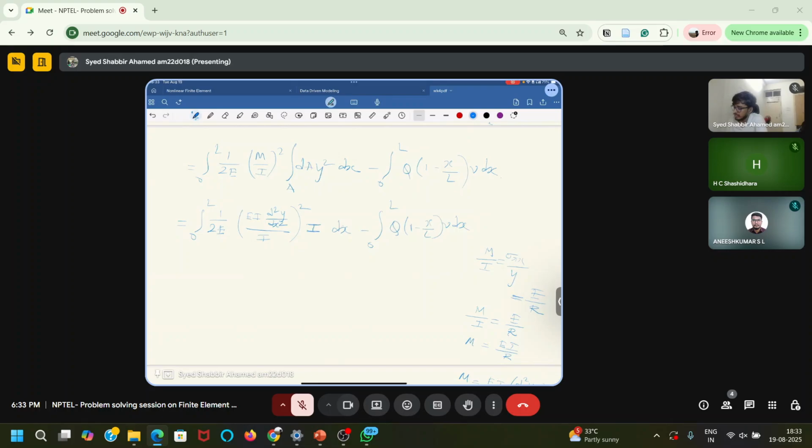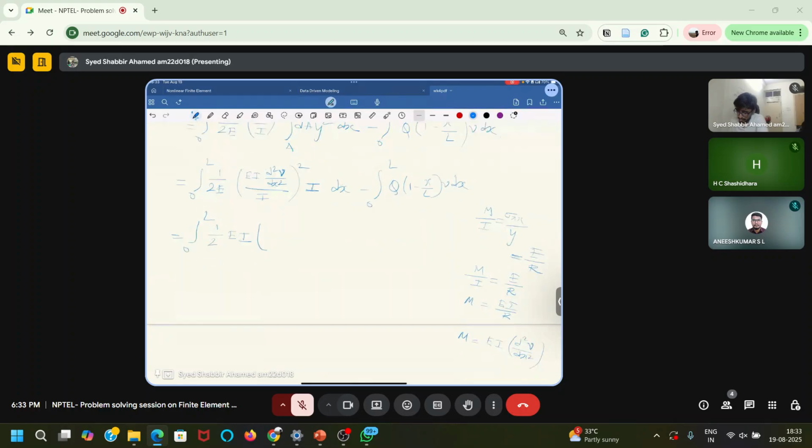Now if you square this and do the simplifications, we will get integral 0 to L, 1 by 2 EI, and sorry, this y is not y, this is v actually. y and v are different. Here also it is v.